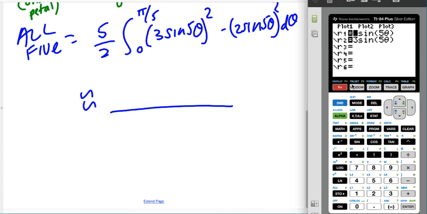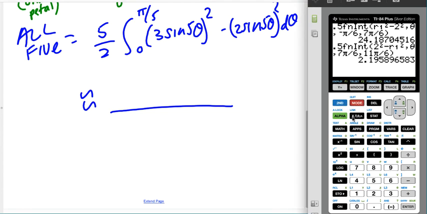R2 is the bigger one, so I'm going to quit out of this. If I hit second, enter, you can either find it as a half and then multiply by 5, or you can make it a 2.5 for the 5 halves at the front.